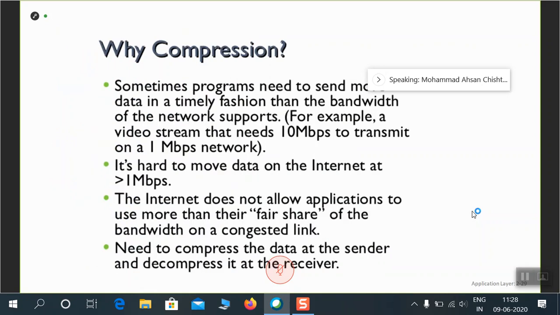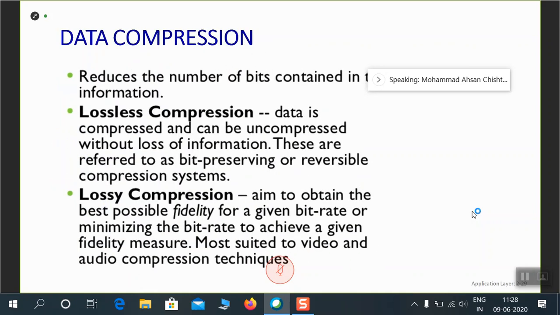And there are two ways by which we can do the compression. The first one is lossless compression. The second one is lossy compression. In lossless compression, you compress at one end and decompress at another end without the loss of information.